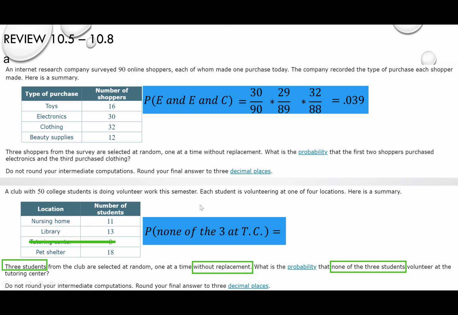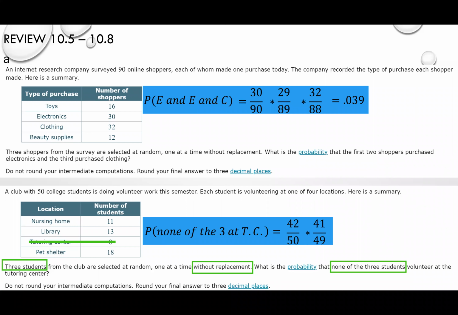So for the first volunteer that I pick, I have 42, and none of these 42 is at the tutor center, because they volunteer at the nursing home, the library, or the pet center. So 42 over 50. If I go in the second time, now I have 1 less, so I have only 41 out of 49.